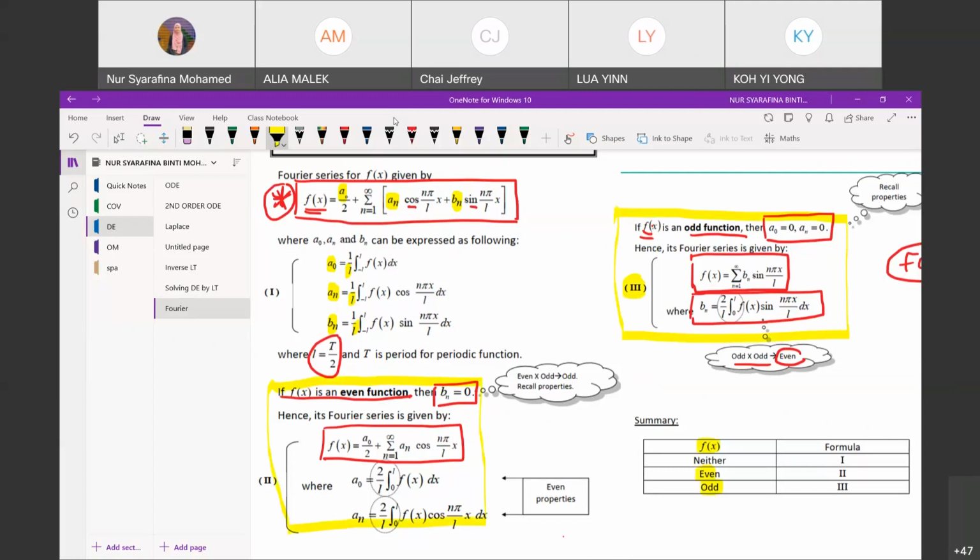And only when it is neither, then you need to find all the constants a naught, an, and bn. Clear or not? Understand or not?